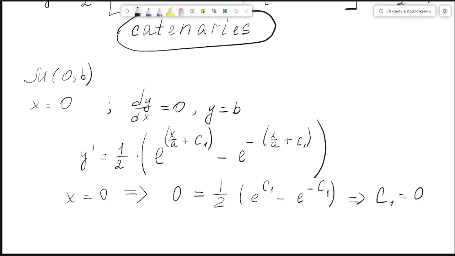If the ordinate of the point M0 is b, then y is b when x is 0.